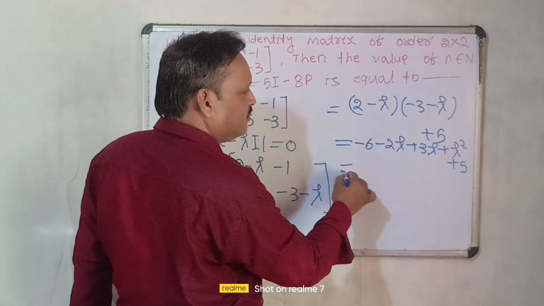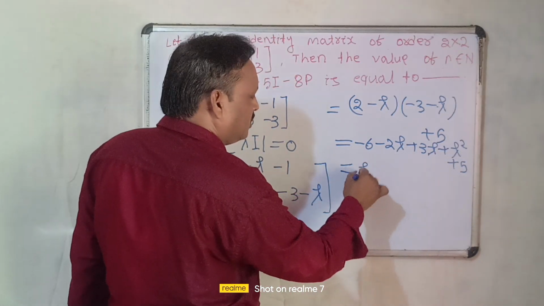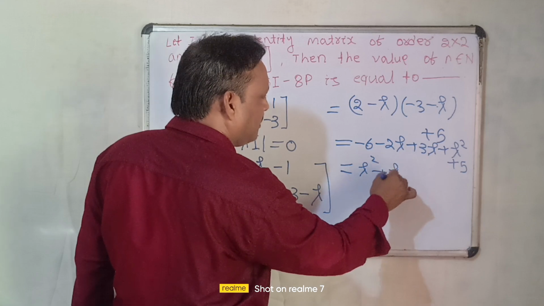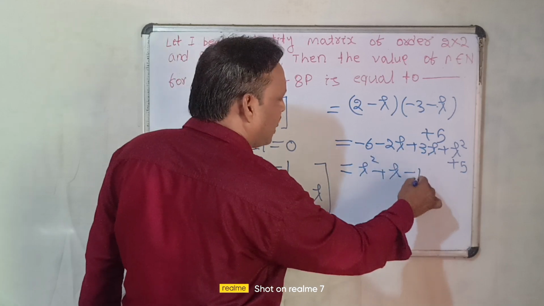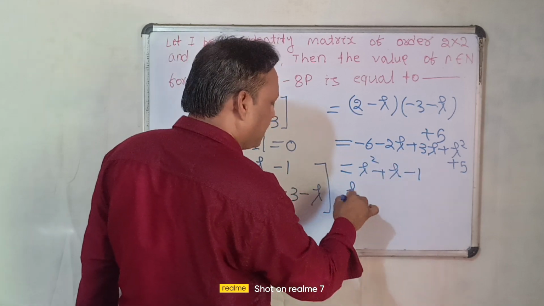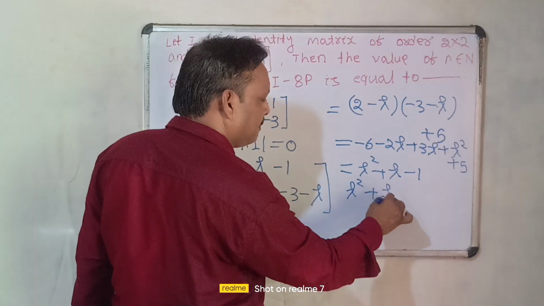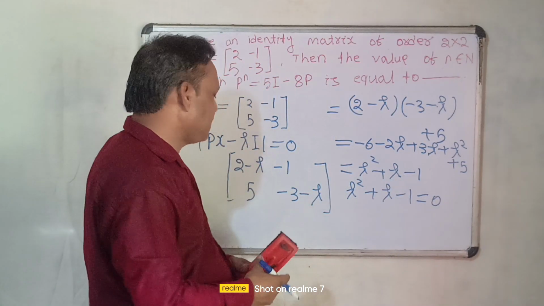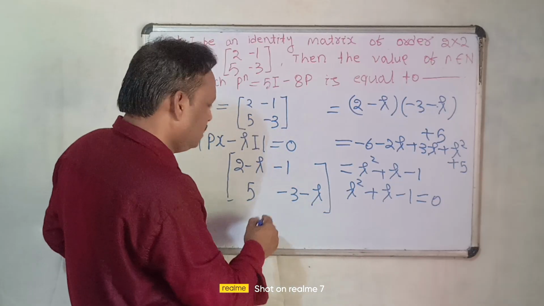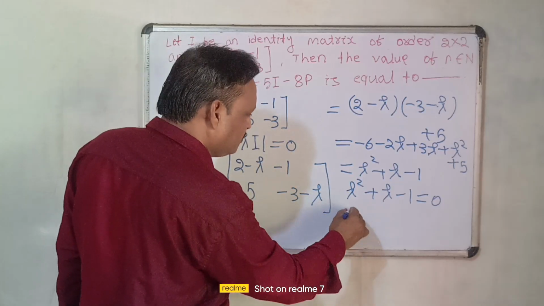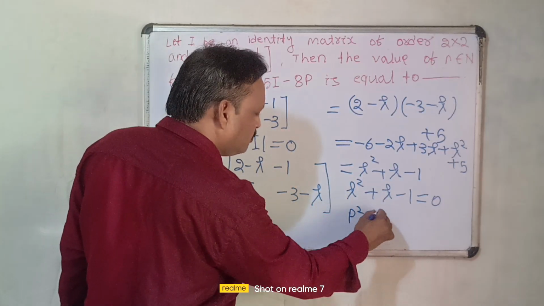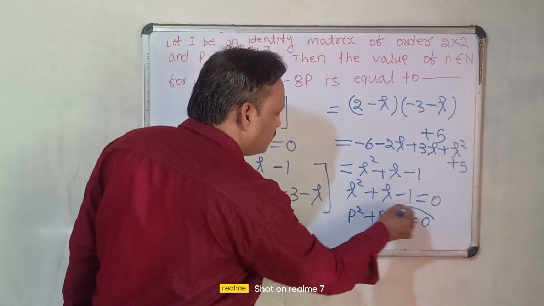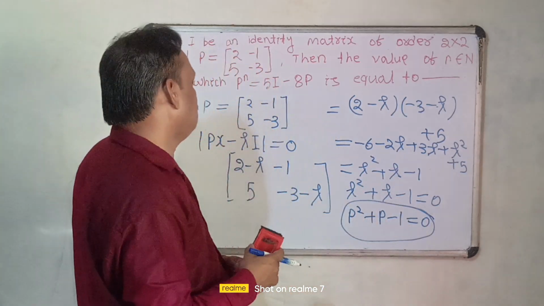So this becomes lambda square plus lambda minus 1, and lambda square plus lambda minus 1 is equal to 0. In place of lambda we can substitute P. This becomes P square plus P minus 1 is equal to 0. This is the quadratic equation.